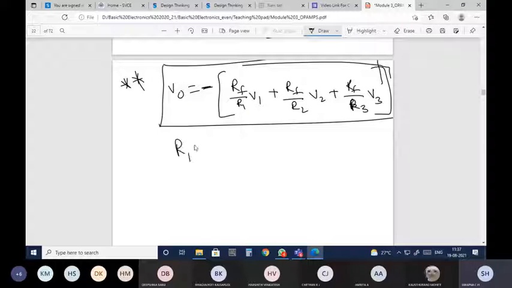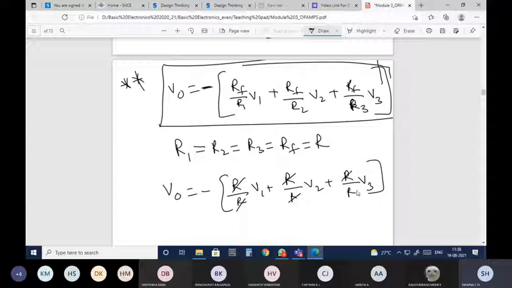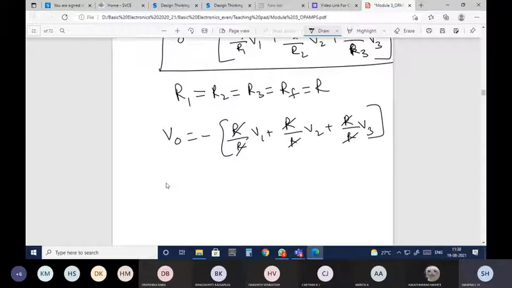To get that, I will choose R1 equal to R2 equal to R3 equal to RF equal to some R. So V0 will be equal to minus of, RF is R only, R by R into V1 plus R by R into V2 plus R by R into V3. So this R and this R will get cancelled, and we will have V0 is equal to minus of V1 plus V2 plus V3.